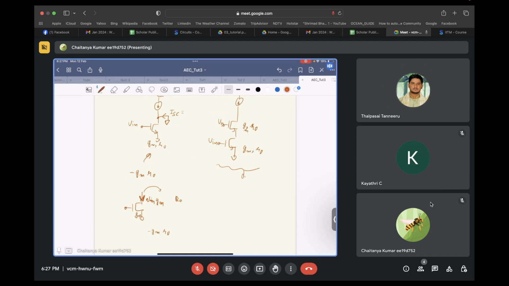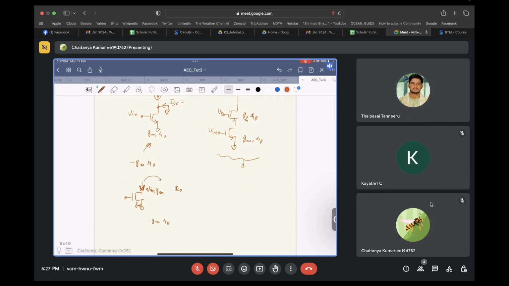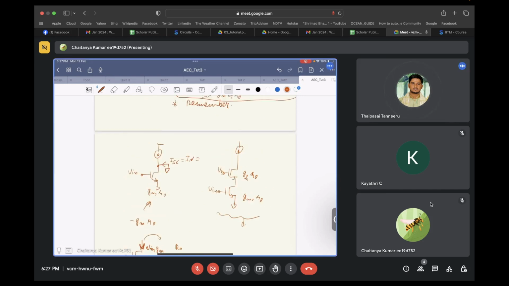So what is the short circuit current, or let's say the Norton current, on this particular branch? Circuit one. Sir, gm into ro.